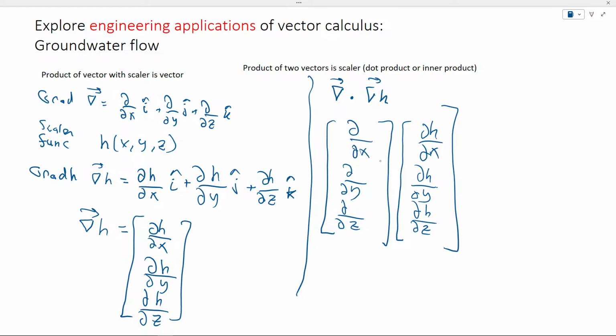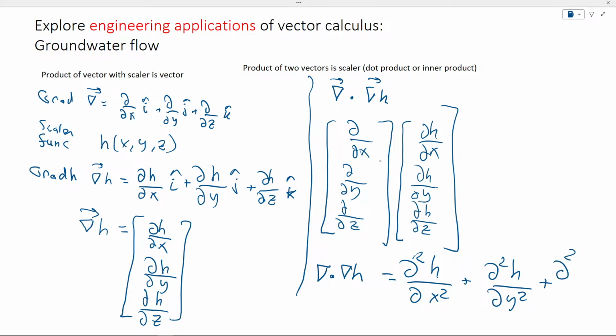This will give me a scalar function. So the divergence of the hydraulic gradient gives me partial squared h over partial x squared, plus partial squared h over partial y squared, plus partial squared h over partial z squared.